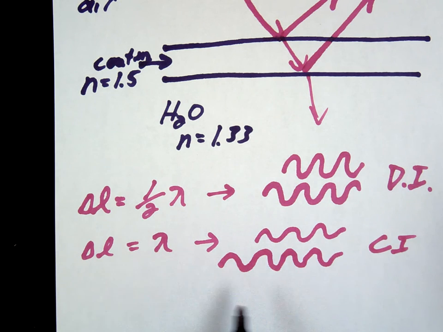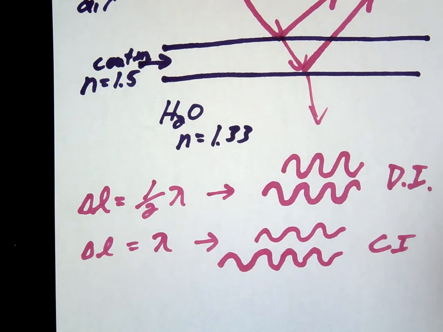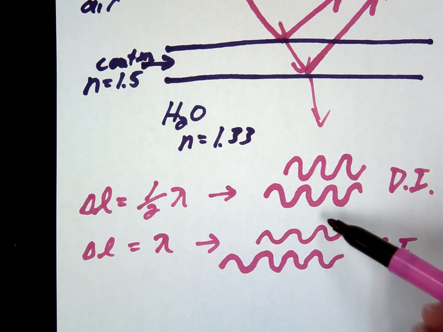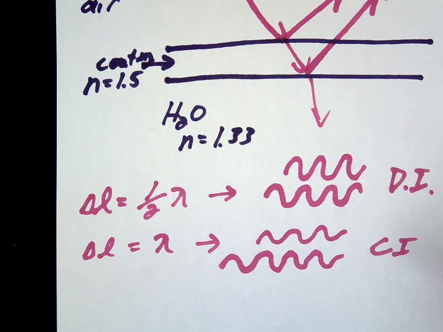So if you sent a red laser in, you would expect to see a really bright red. And if you sent white in, red would be emphasized because this would be like double the brightness, so that red color would be emphasized.